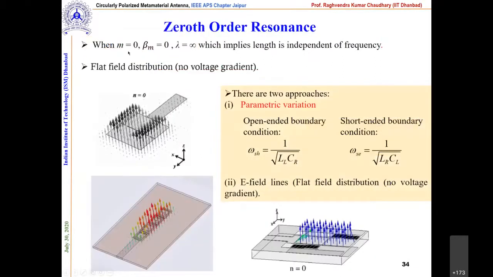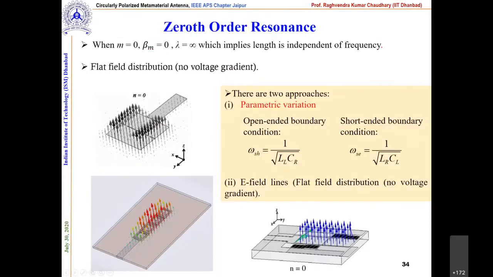At m is equal to 0, beta will be 0, correct. Lambda is infinity, so the fields will be vertical, correct. These are the first order resonances. You can see some fields in the up direction, some fields in the down direction, correct. Now let us understand the infinite wavelength antennas with monopole radiation, correct.